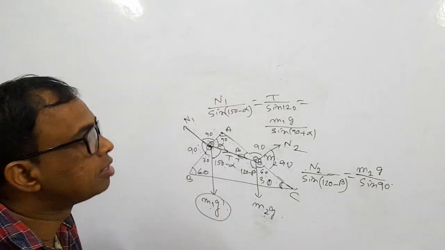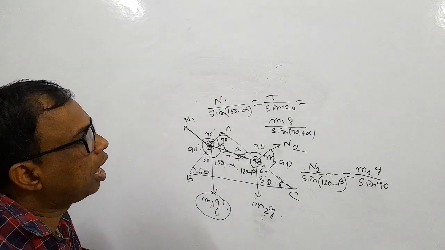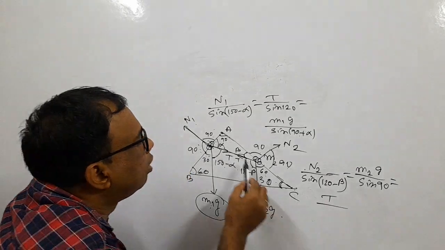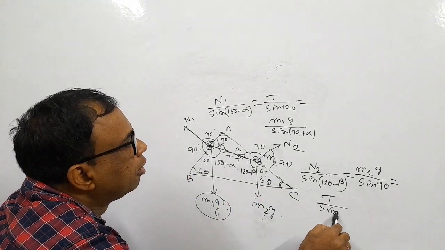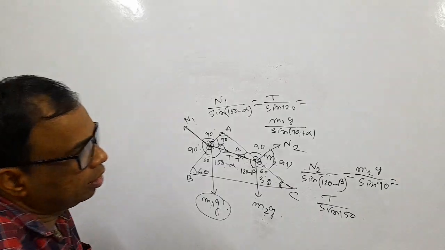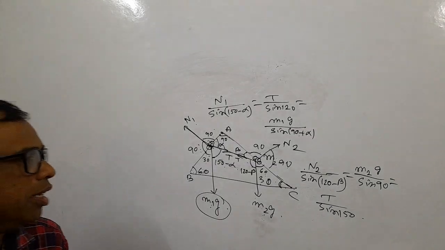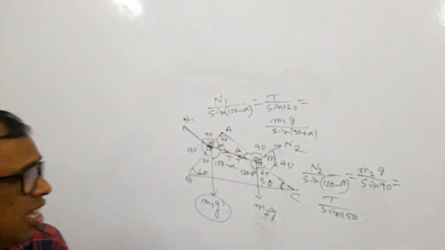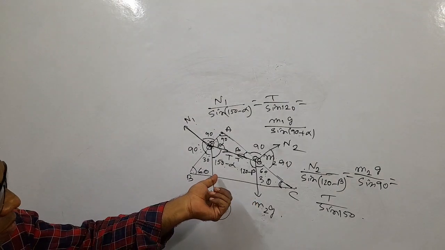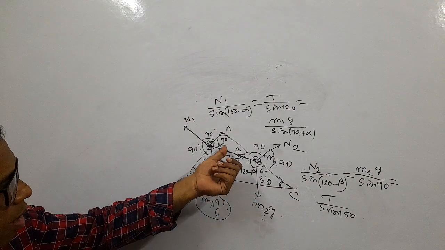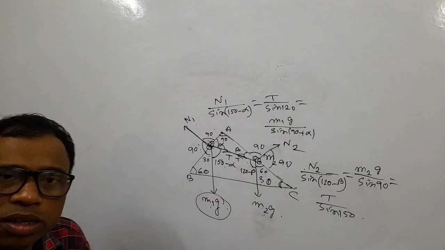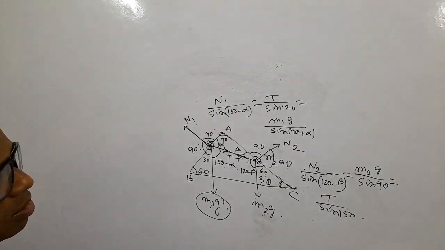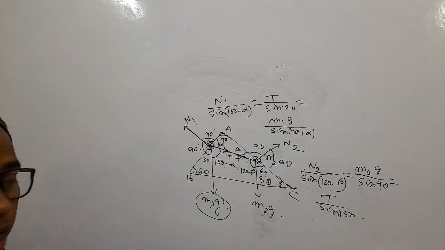And the third is tension divided by sine 150. Then you get these equations and you can solve for N1, T, M2G. Some data may be given, maybe alpha or beta. If one of the angles is given, then you can solve it. That is the concept of Lami's theorem in equilibrium in Newtonian mechanics.